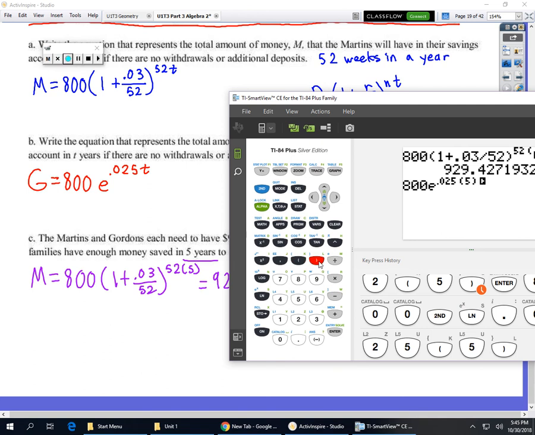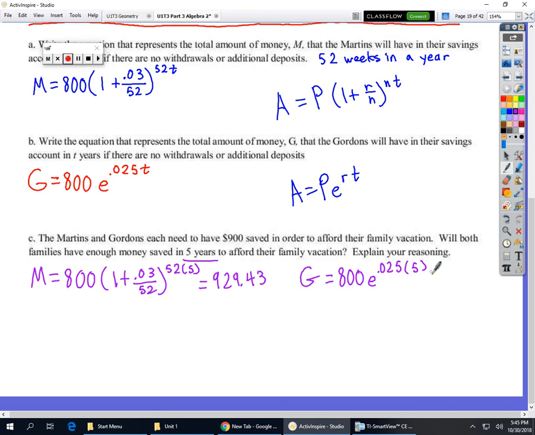You can also just use the times button. 906. Okay, just made it. So 906.52. Do they have enough money? Yep, they absolutely do. Yep, they have enough.